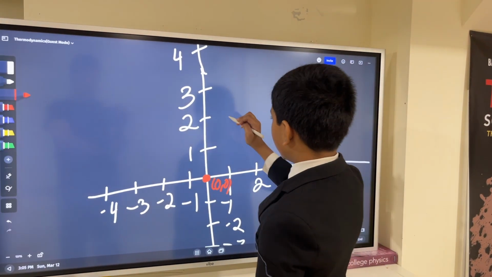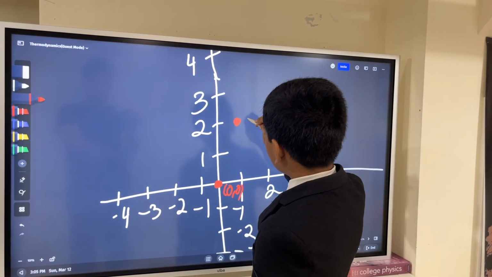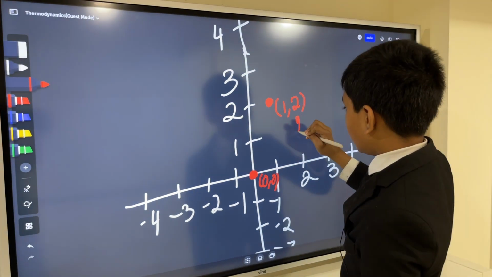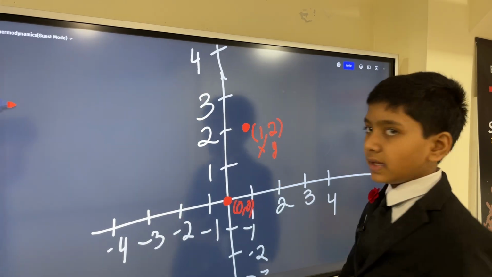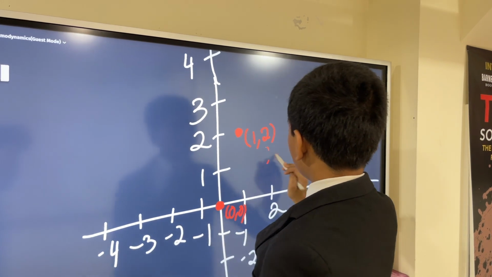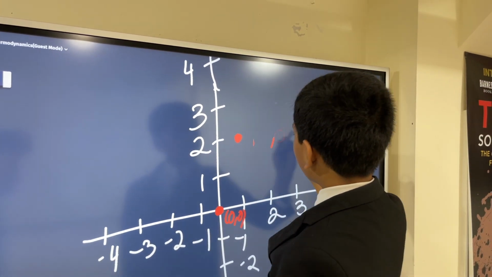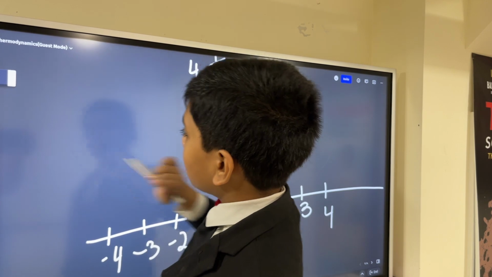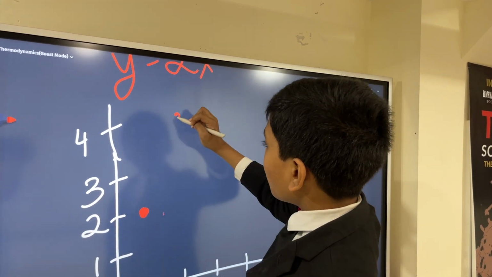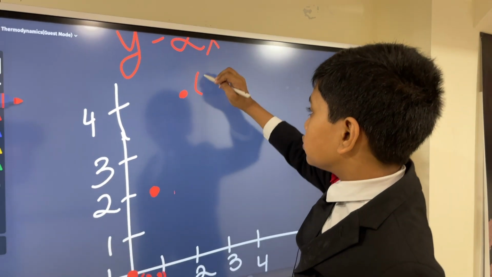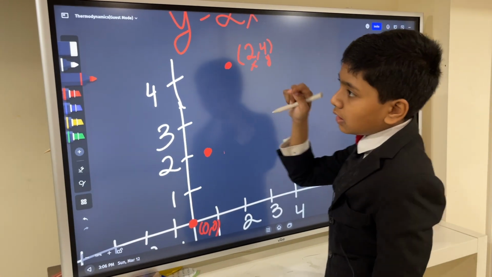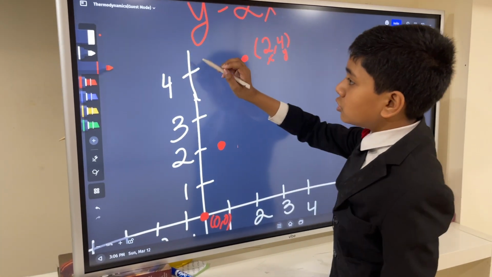One point that obeys this is 1, 2. Its y coordinate is 2 times its x coordinate, because 2 is twice 1. Another point that obeys the same thing would be 2, 4, because its y coordinate is twice its x coordinate. 4 is 2 times 2.